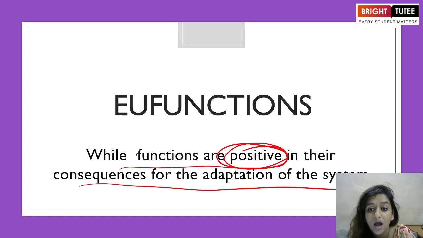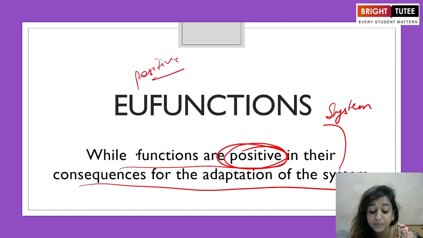When the functions are positive in their consequences for the adaptation, that is known as the eufunction or the positive function, as they have said.